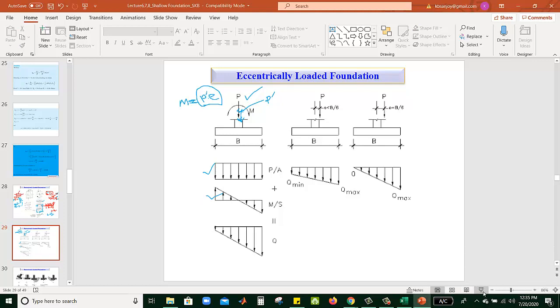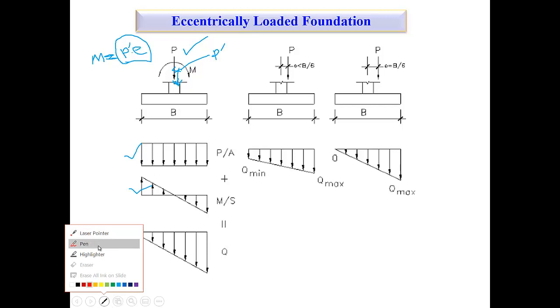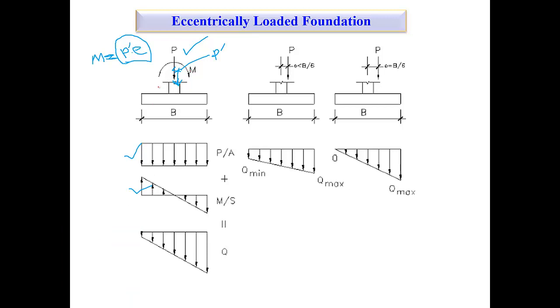So does this P create any moment? No, sir, because it is passing through the center point. That time it will generate uniform stress. But P prime, since they already denoted M here, I'm just explaining how this M comes here. This M comes from this kind of eccentric load.